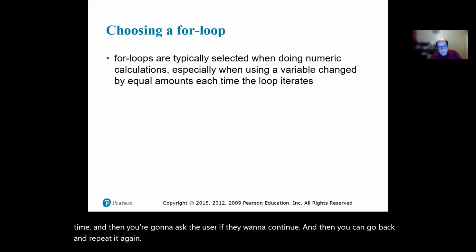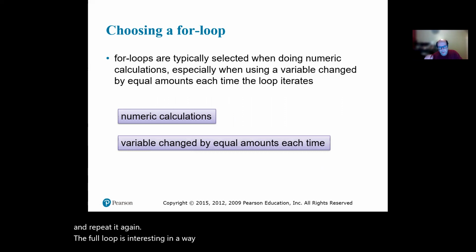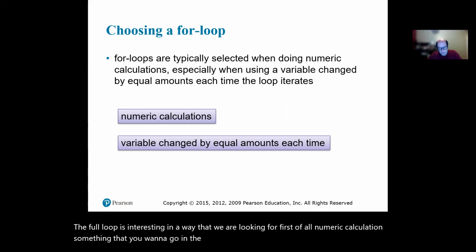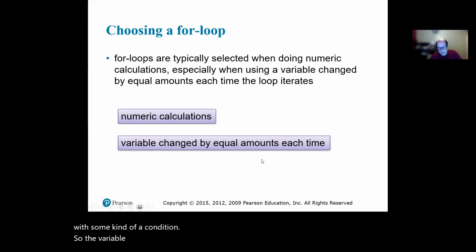The for loop is interesting in a way that we are looking for, first of all, numeric calculation, something that you want to go through in a series. You start from somewhere, you end somewhere with some kind of condition. The variable changes by an equal amount, which I'm calling a step.